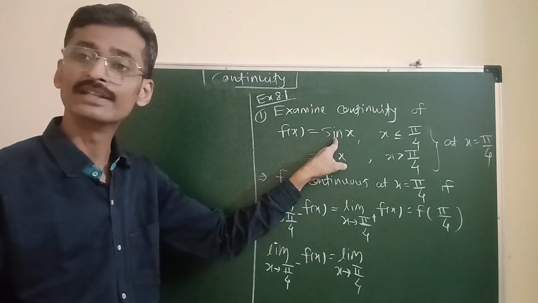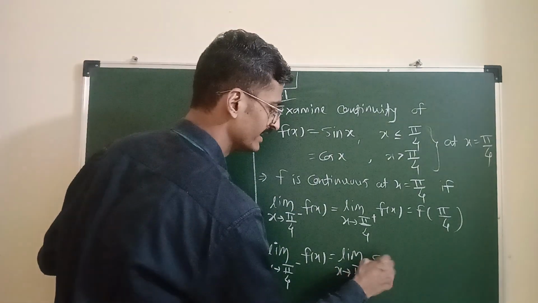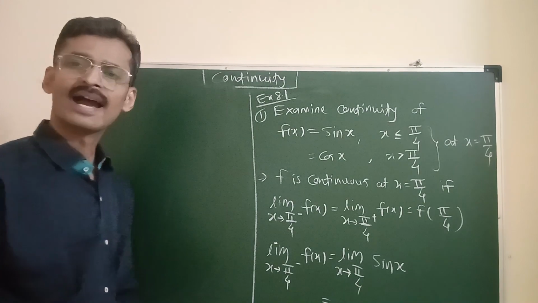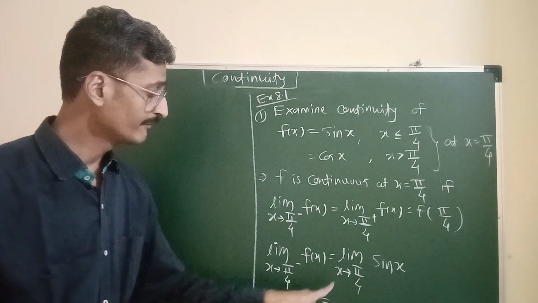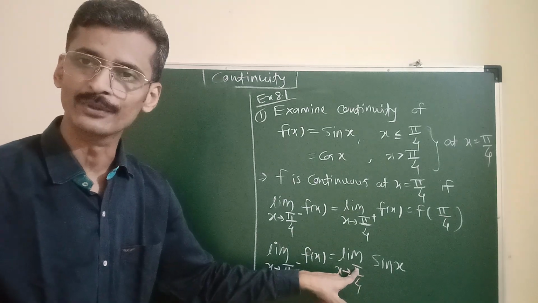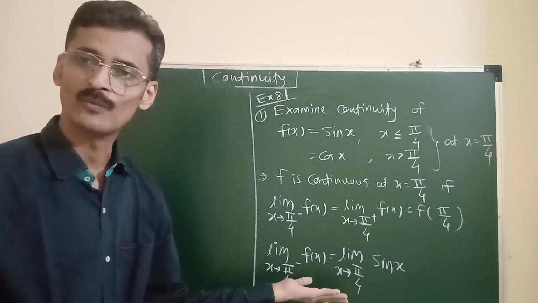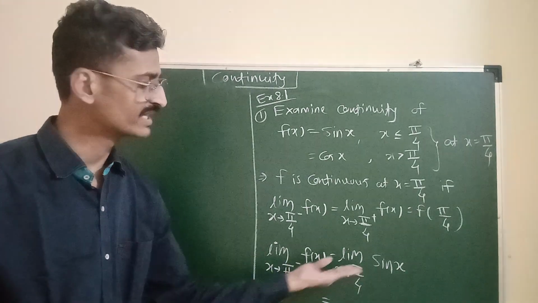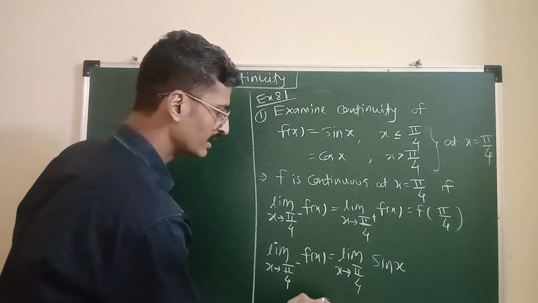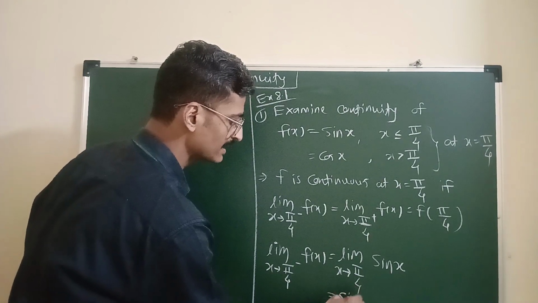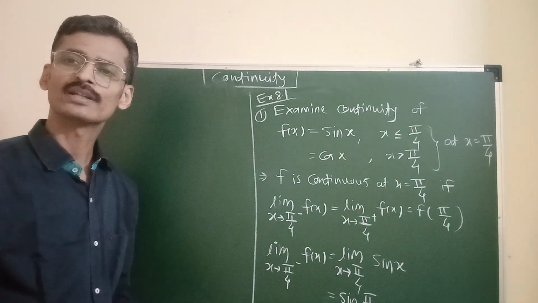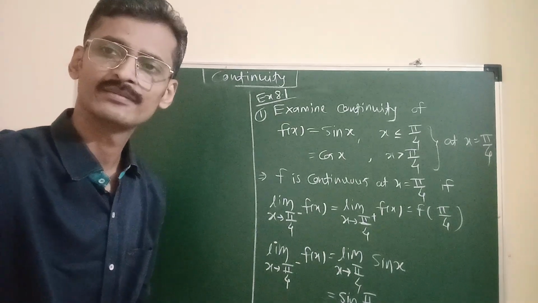So f(x) is what here? Sin x. So write here sin x. Now we have to find the limit, and we know the condition of limit. If we write x equal to pi by 4, we don't get 0 in the denominator, as there is 1 only, so we can substitute x equal to pi by 4 directly. So the answer is sine of pi by 4, that is sine 45.